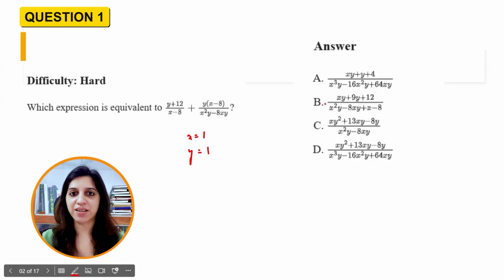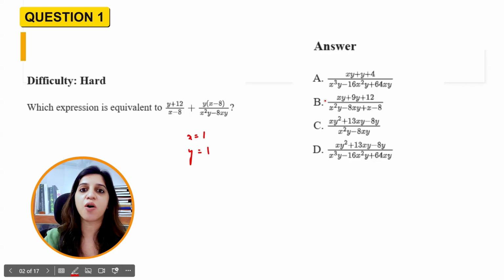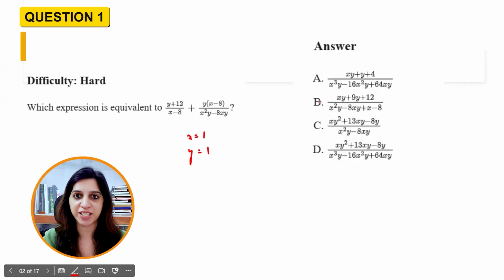I feel it's faster, easier, and has fewer avenues for making mistakes. We want methods that are less prone to calculation or simplification mistakes. So let's see what that gives us.